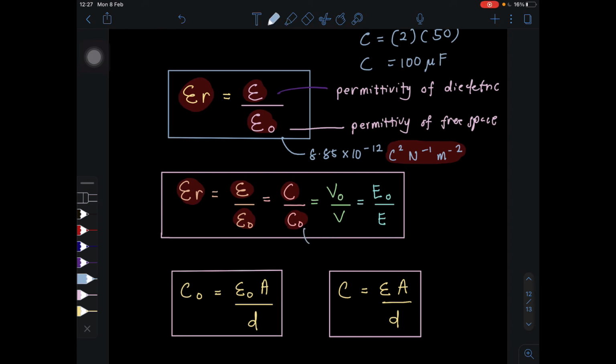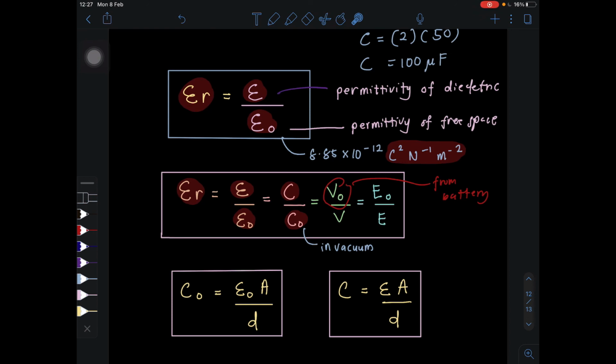Similarly, V naught here is from the battery. The naught means the initial condition when no dielectric has been placed yet.